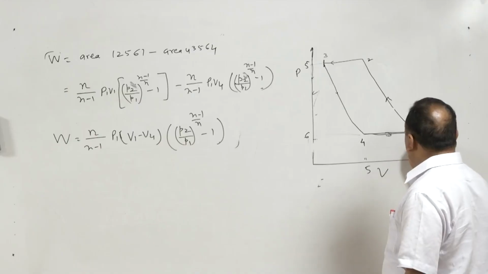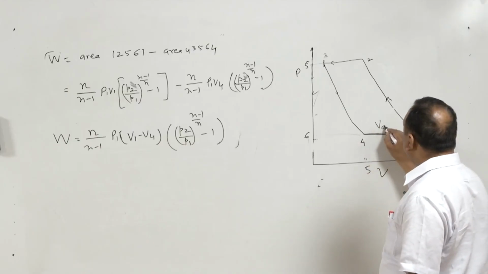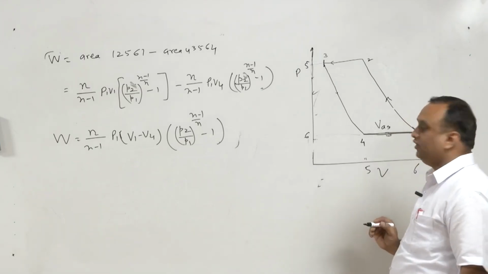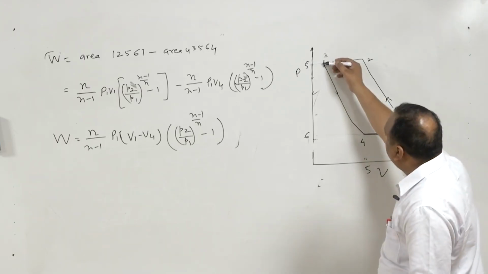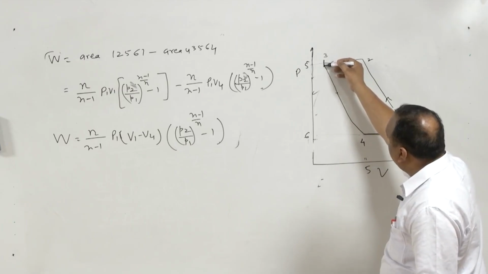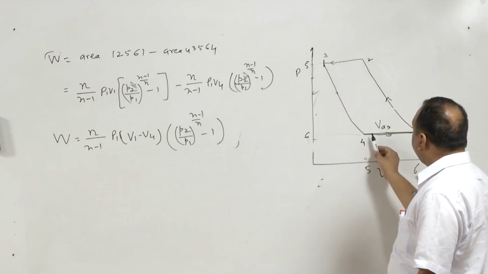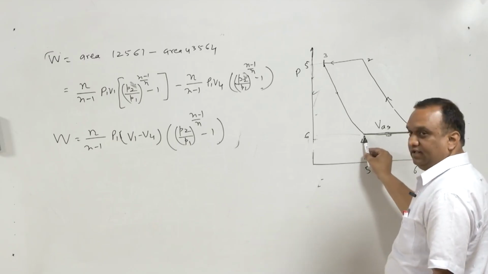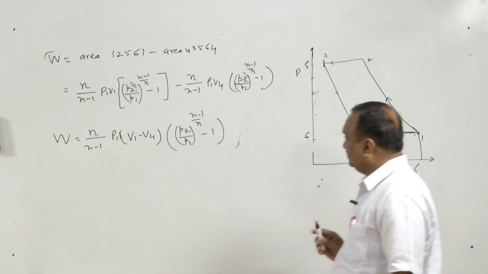This is the actual suction volume, often referred to as VAS, because in this process only suction of vapor takes place. In this process only expansion of high pressure vapor takes place and there is no suction of vapor. So if we shift this point in this direction, less and less vapor will get sucked into the compressor.